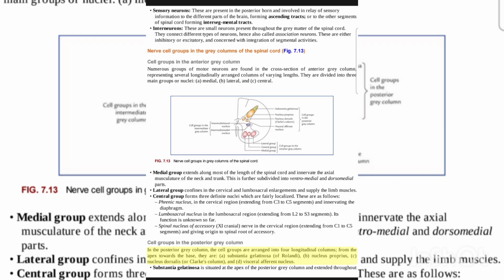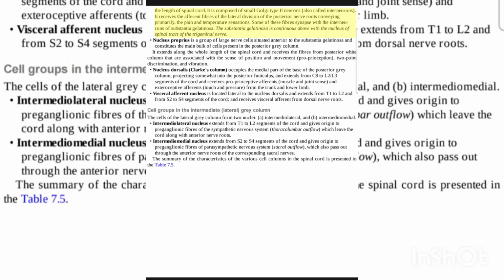In the posterior gray column, the cell groups are arranged into four longitudinal columns. From the apex towards the base, they are A. Substantia gelatinosa of Rolando, B. Nucleus proprius, C. Nucleus dorsalis, or Clarke's column, and D. Visceral afferent nucleus. Substantia gelatinosa is situated at the apex of the posterior gray column and extends through the length of the spinal cord.